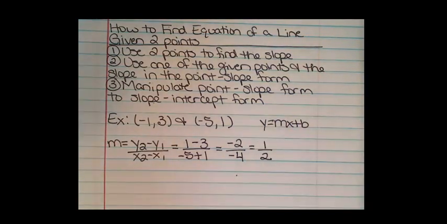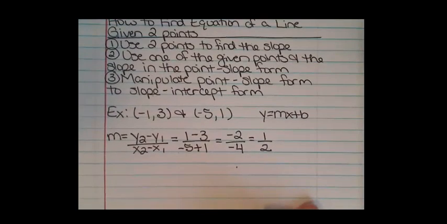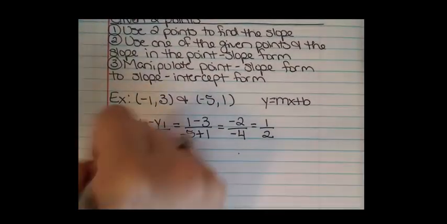But we still don't have a b, so we can't use slope-intercept form. But we do have 2 points and a slope, and we just learned point-slope form. So let's use our point-slope form: y minus y1 equals m times x minus x1.